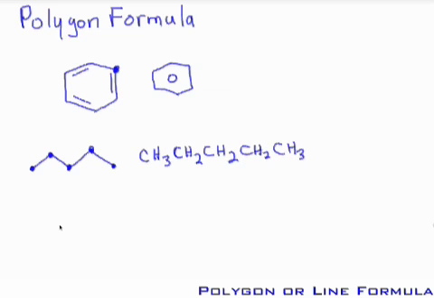Suppose I gave you the following condensed structural formula, and I said, draw a line formula for this molecule. Well, for each carbon, I draw a line. So this is a carbon. That is a carbon.